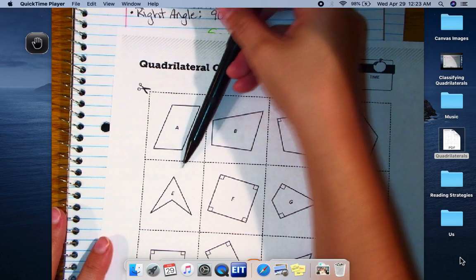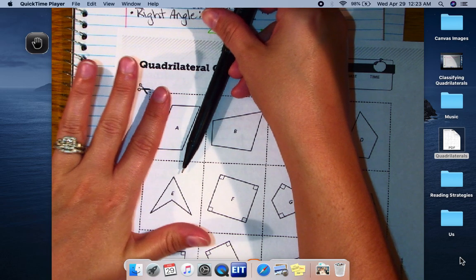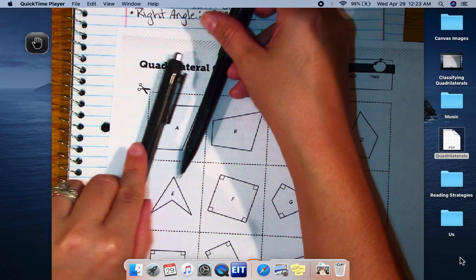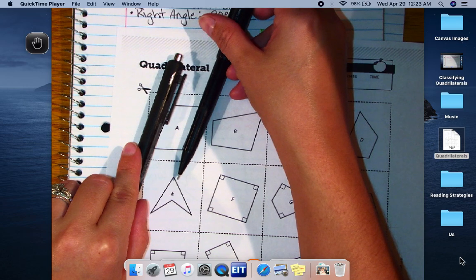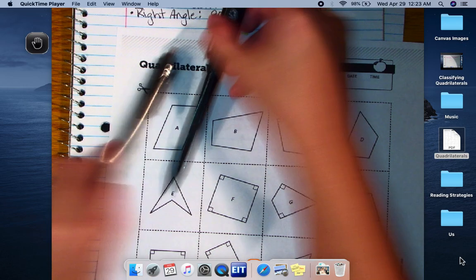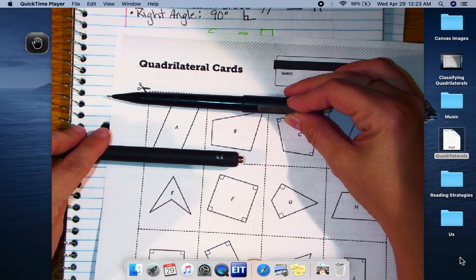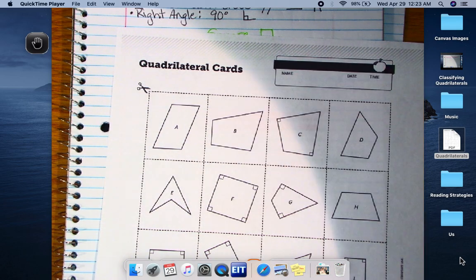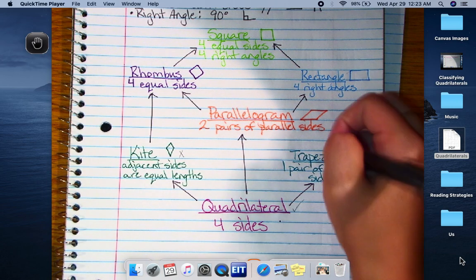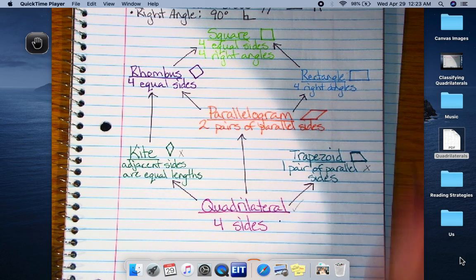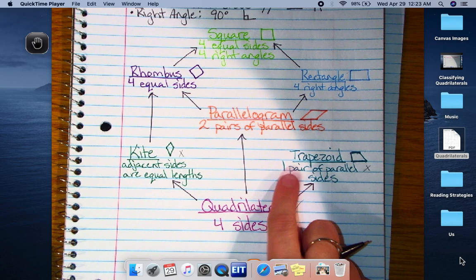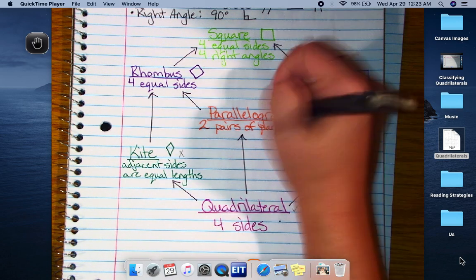Okay, this and this, those aren't going to cross, so that's 1 set of parallel sides. Here and here, those aren't going to cross. That's another set of parallel sides. So it's not a trapezoid, because trapezoids only have 1 pair and this one has 2, which means this is a parallelogram.